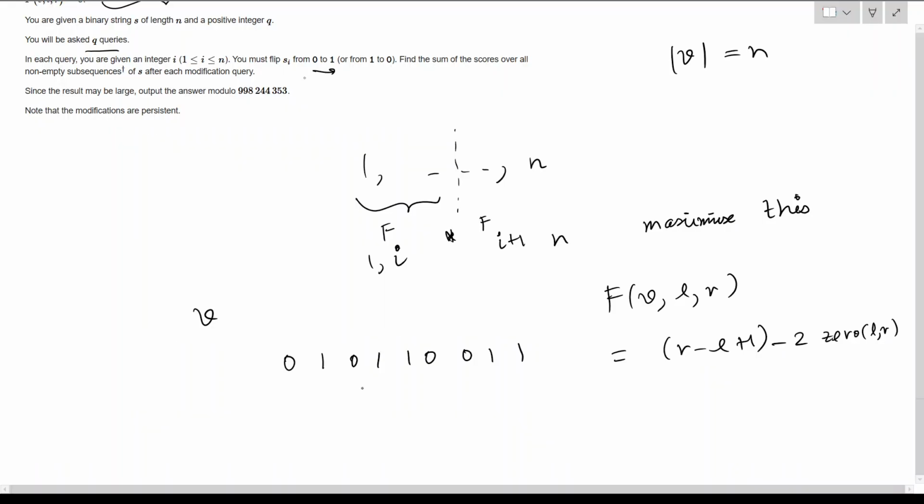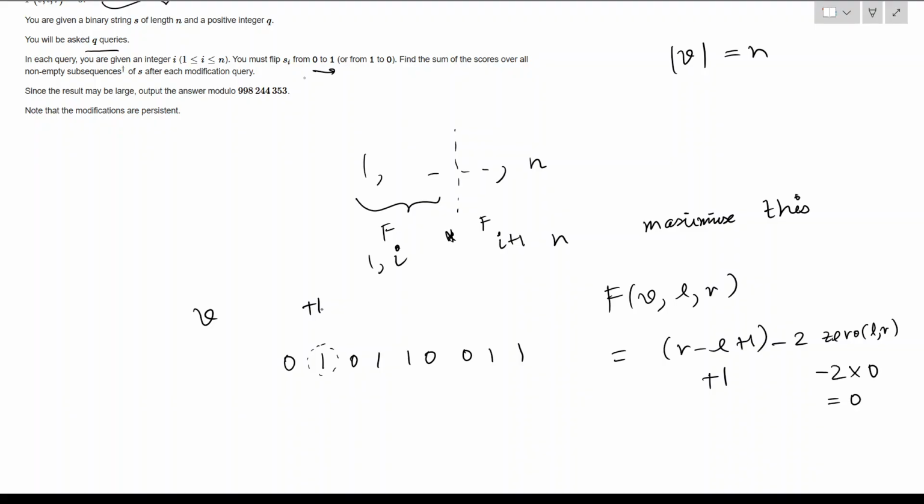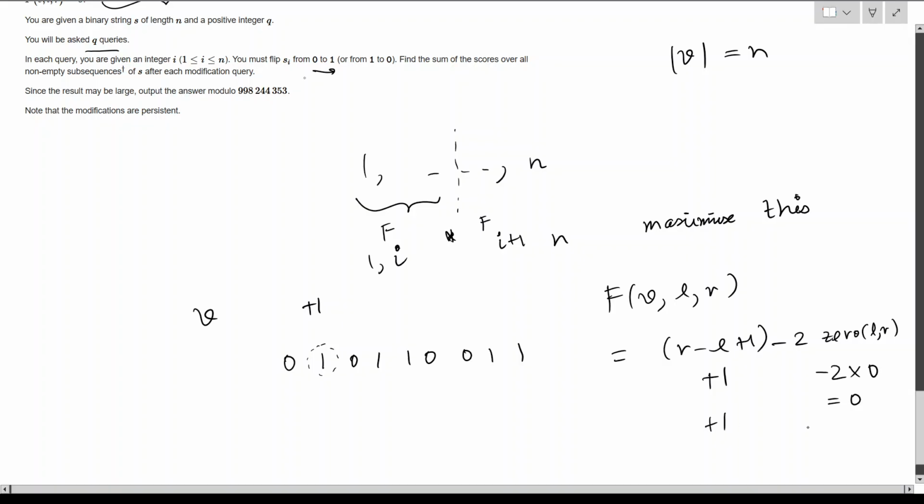Okay, so let's try to look at the contribution of each one and each zero to this sum. So a particular one, well, first of all, it adds +1 because it is counted in the length, and it contributes nothing here. So it's like -2 times 0, which is in fact 0. So every one contributes a +1 to this expression FVLR, given, of course, that this one lies in the interval L to R. Next, every 0, it contributes +1 from here and -2 times 1 from here, which is summing out to -1.